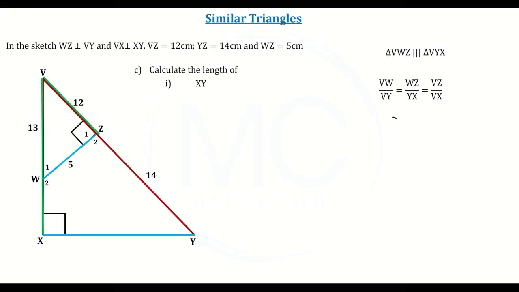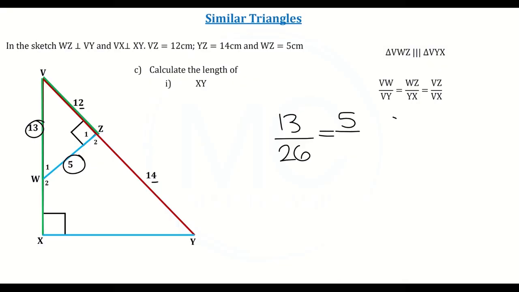Now we can fill in our known values. VW is 13 units, so we can say 13 over VY, which is 12 centimeters plus 14 centimeters, which gives us 26 centimeters, is equal to WZ, 5 centimeters, over YX.